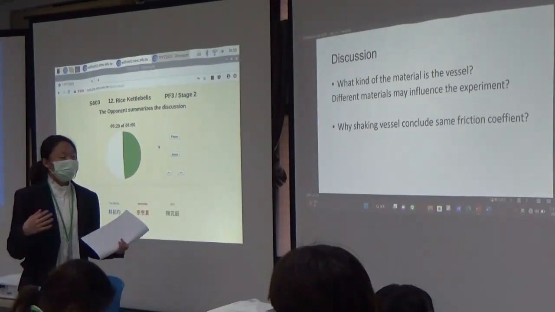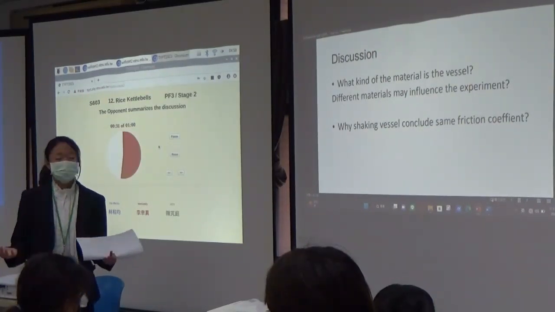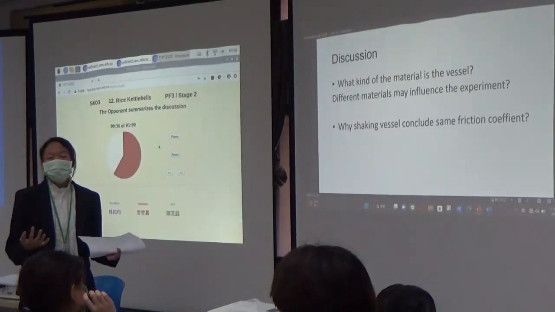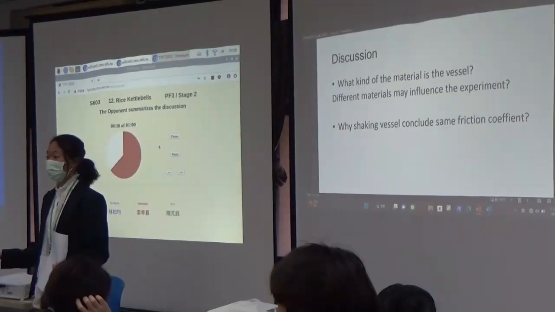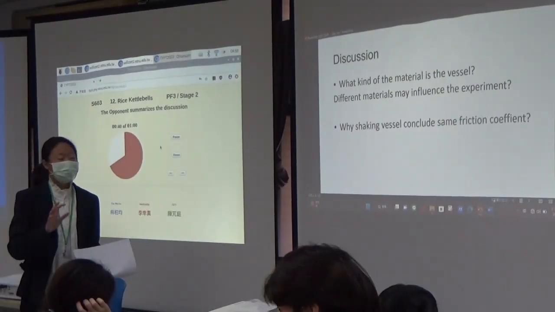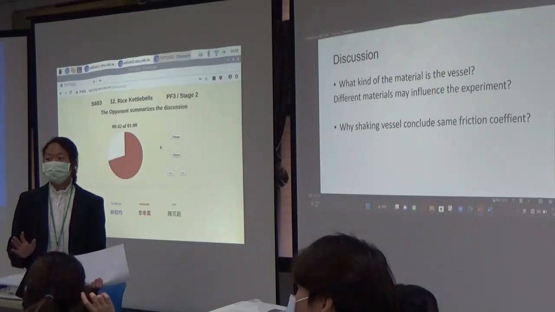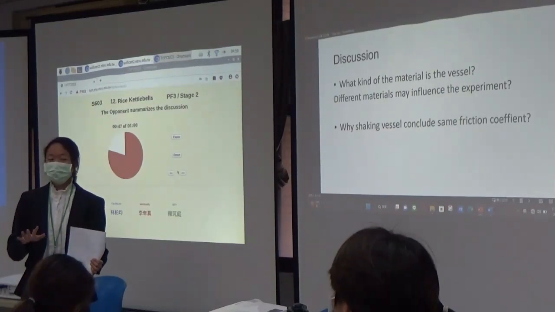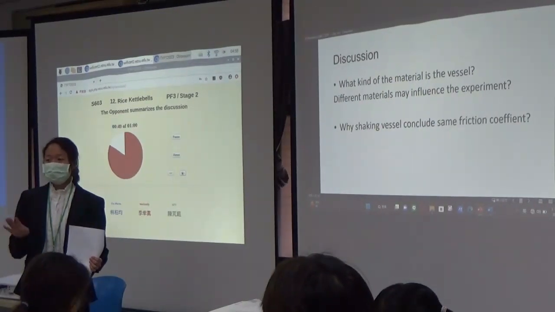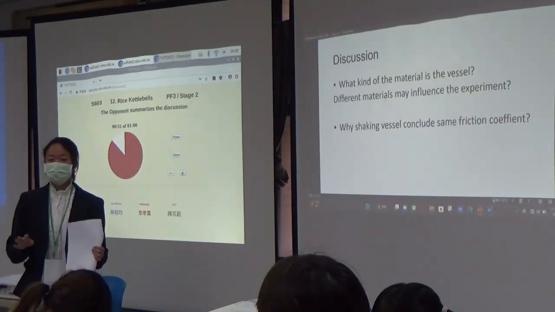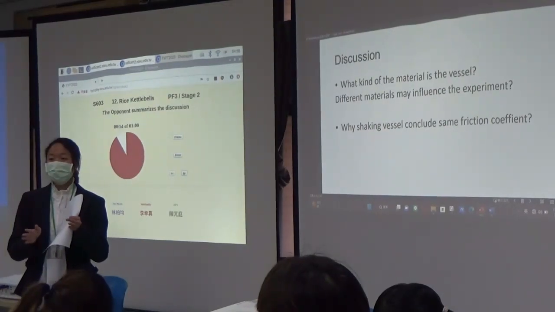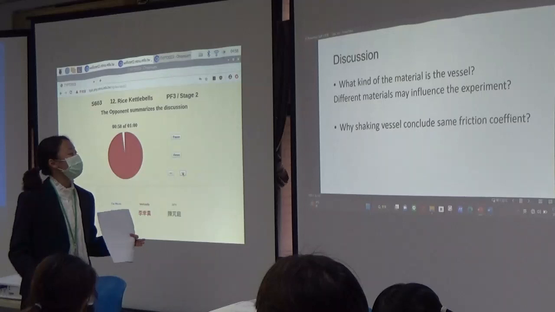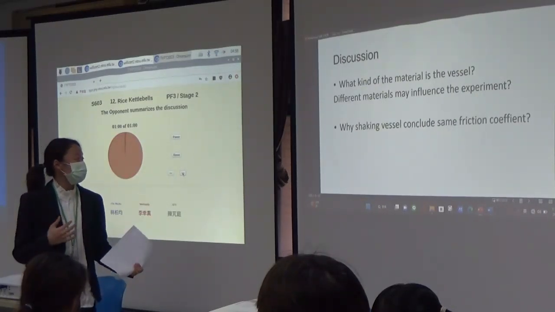I also discussed what kind of material the vessel is, which will affect the result. I agree with the reporter because I do think that the material of the vessel will affect the friction it can afford, because the rice is connected to the stick and the vessel is connected to the rice, so the forces between each other will have opposite directions. So I think it will affect. And another question is why Okay, time is up.